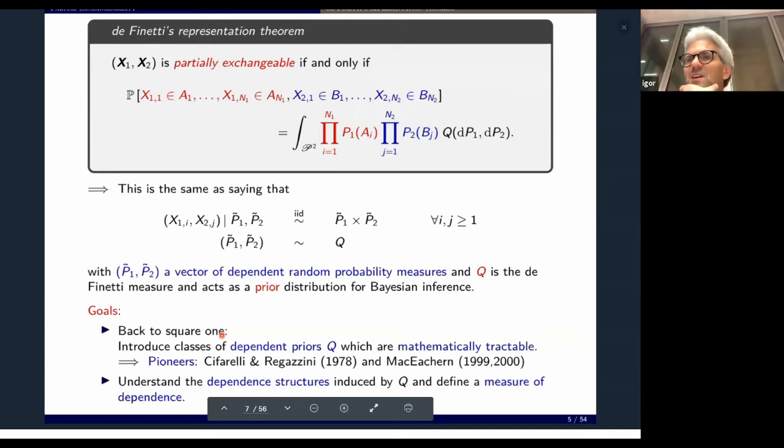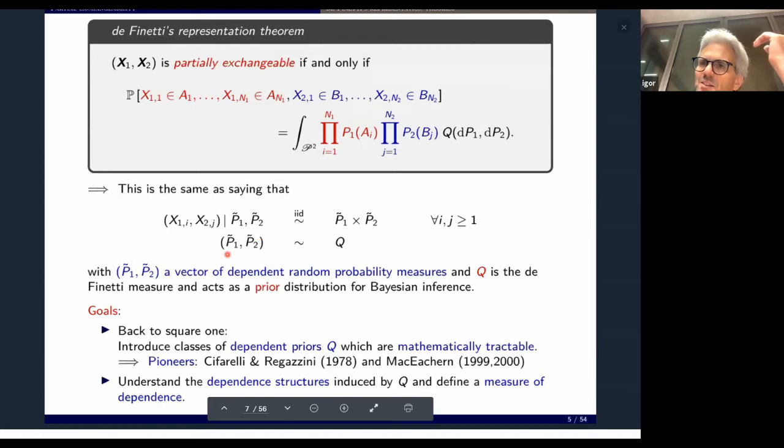We are back to square one in the sense that now we know how to construct a single random probability measure, but we really don't know how to construct a vector of dependent random probability measures. So once we tackle partial exchangeability, in a certain sense we're back to square one. Again, to use Lindley's words, we are missing the technical tool for doing inference. In principle, we know what we need.